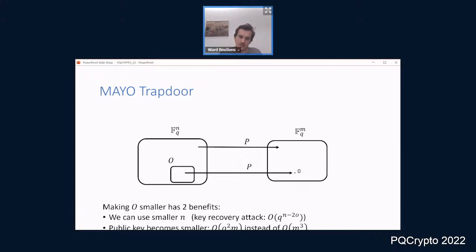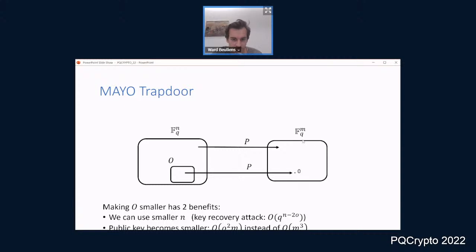And if your oil space becomes smaller, then the part that you cannot generate also becomes smaller because your map P is more random in some sense, so you can generate more of its coefficients just from a pseudo-random number generator. And this means the public key becomes like O squared times m instead of m cubed.